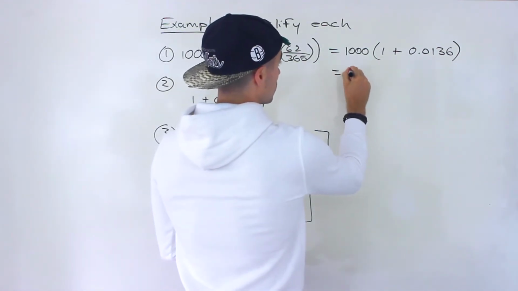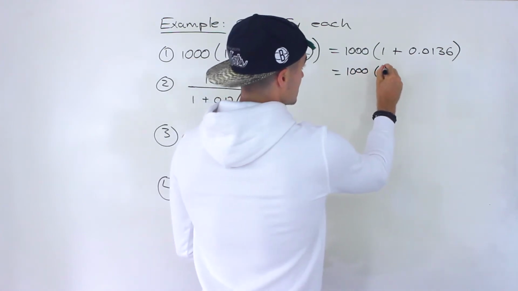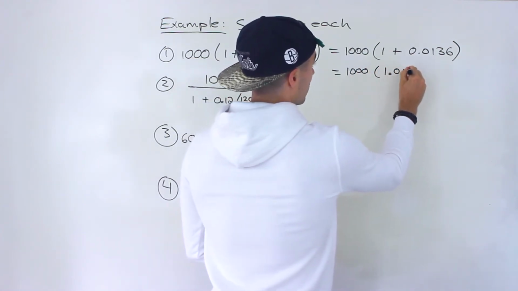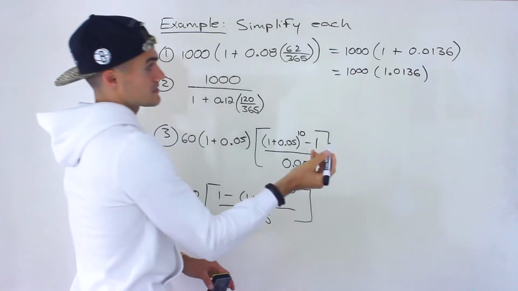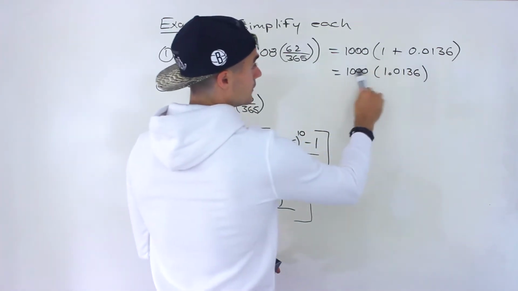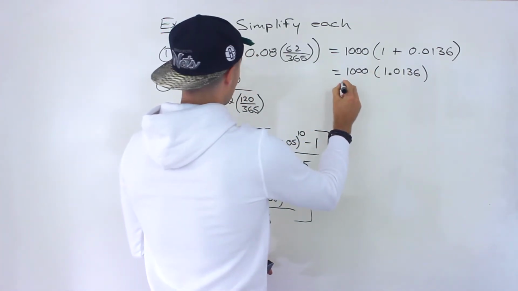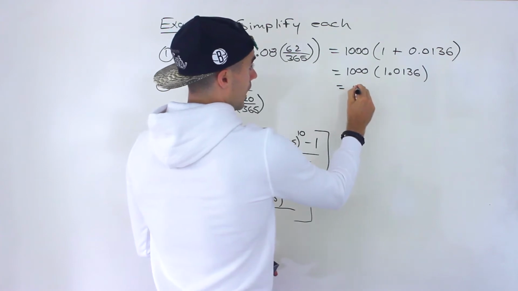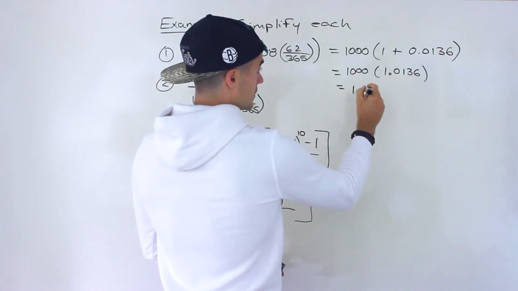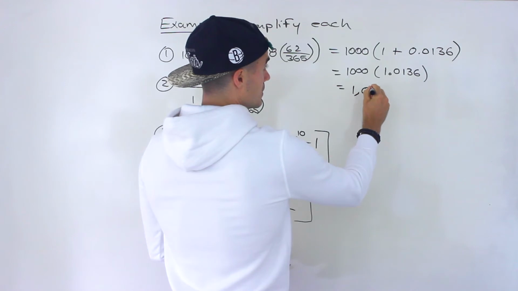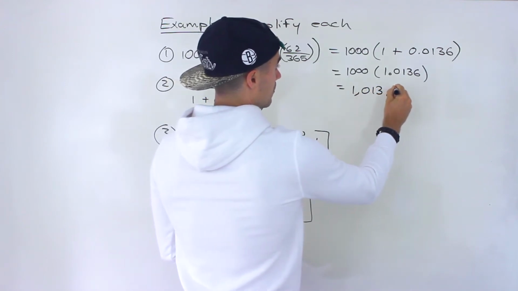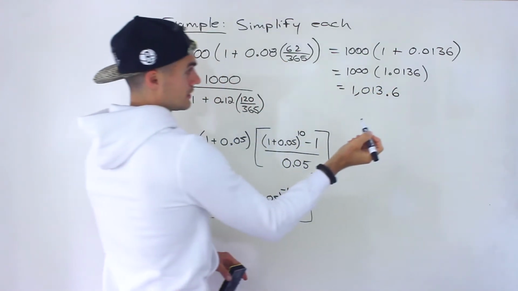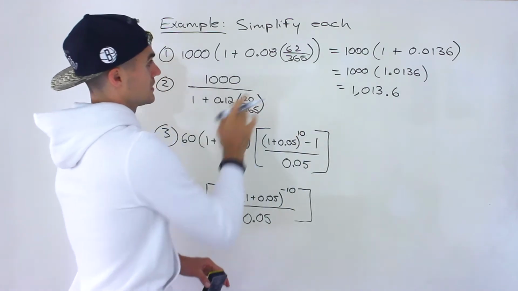So then we'd have 1,000 times 1.0136, like that, after we add these, and then you can multiply these two, and this times that would give you 1,013.6, like that.